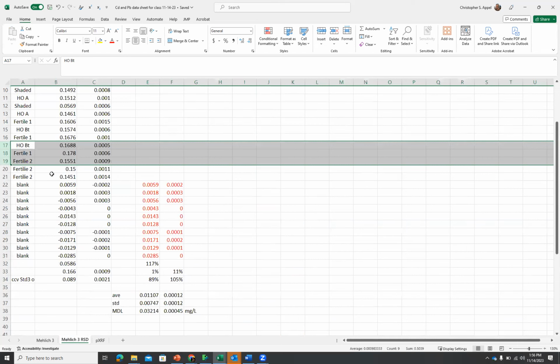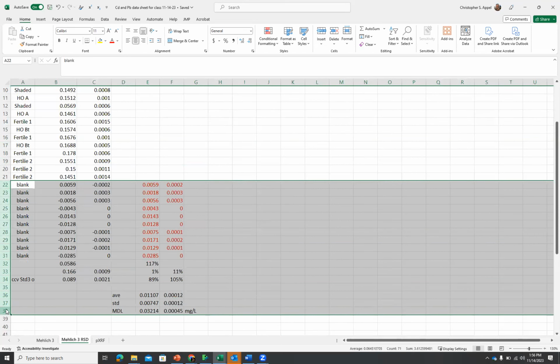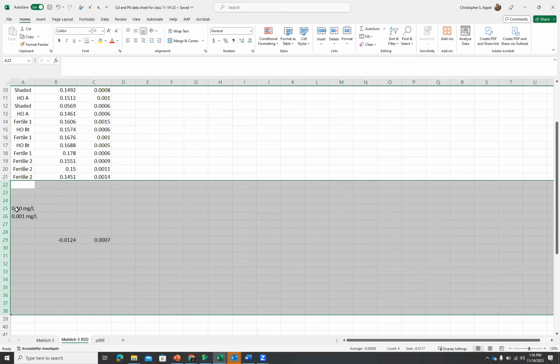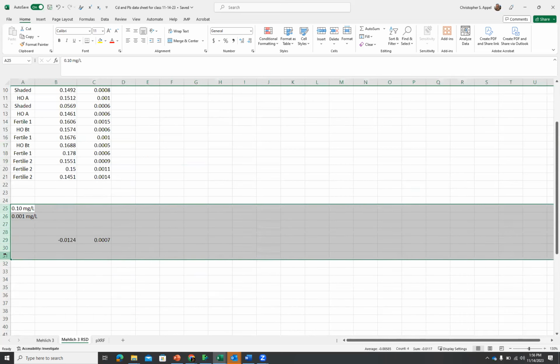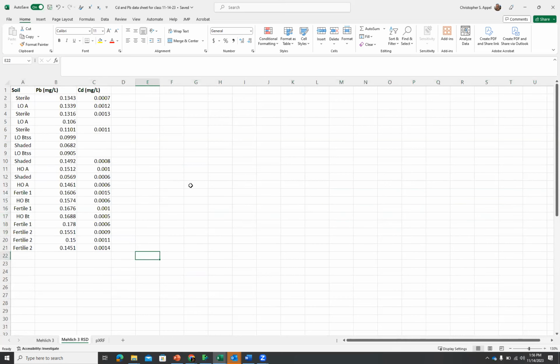And I don't need my blanks either. So what you should have is just values for your sterile or your Costa Rica soils, your Los Osos A, BTSS, and Holland A and Holland BT. I just got rid of all the extra stuff that I don't need.